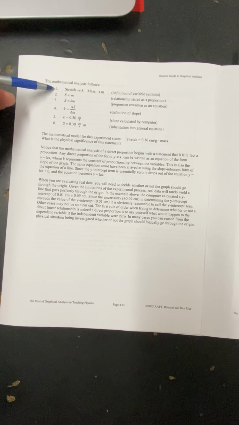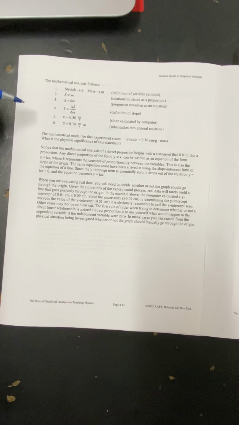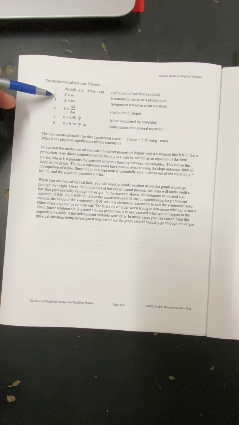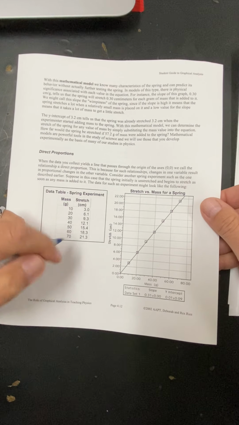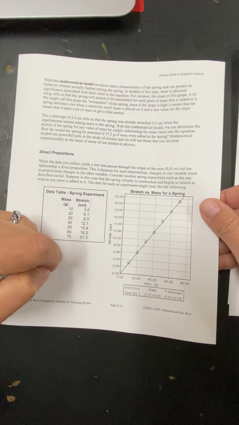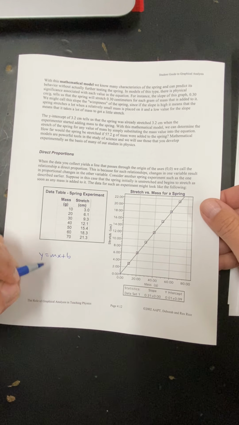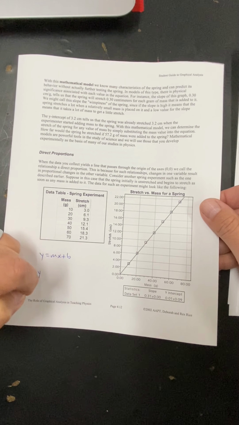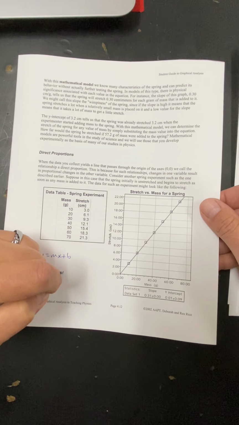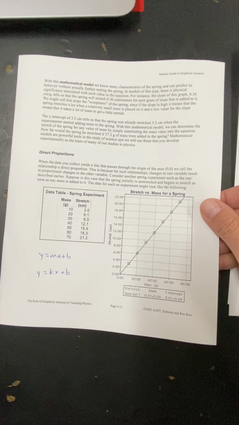Here's why. Step 1, define the variables. Step 2, this graph is y equals mx plus b in math class. Remember, we're going to use k for the slope in science class.